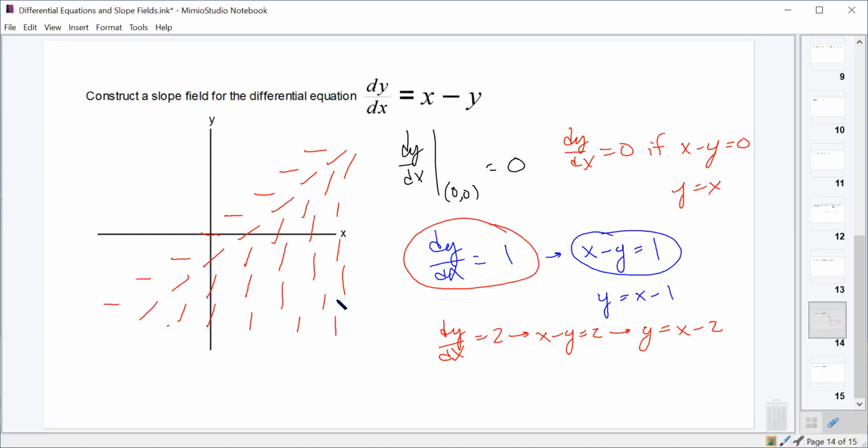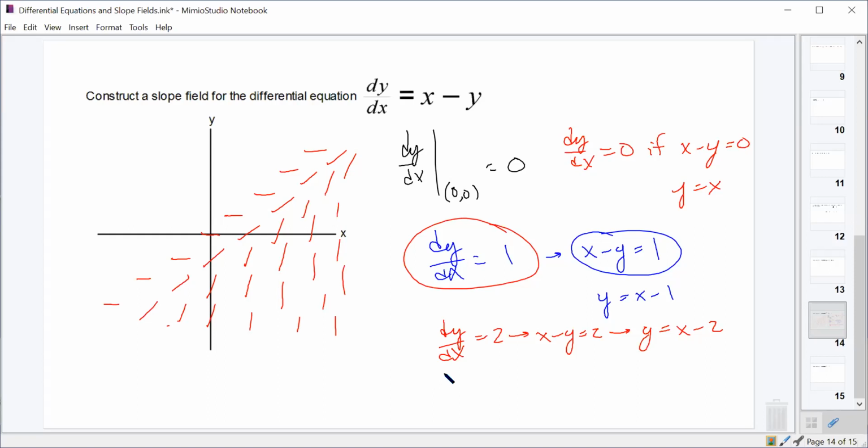Yeah. All right. What about going the other direction, up here above y equals x? What do you think that's going to be? What's going to happen there? The slope will gradually get negative, or steeper in the negative direction.